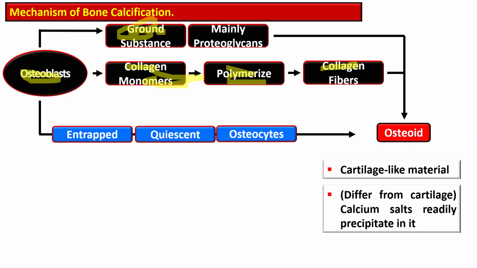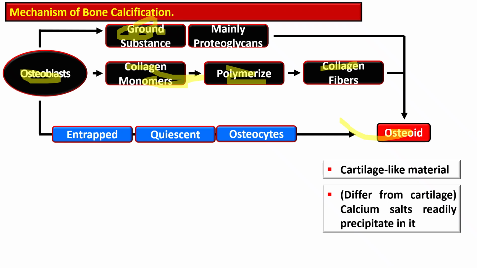The secreted material forms a soft unmineralized matrix called osteoid. This is similar to cartilage in texture, but unlike cartilage it allows calcium salt precipitation.